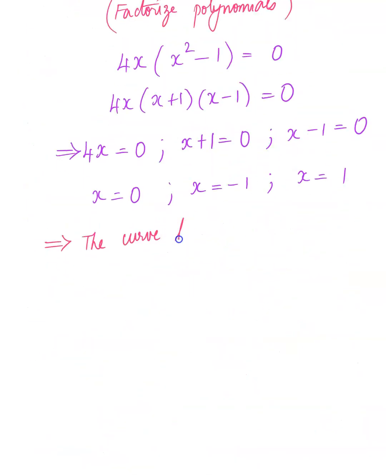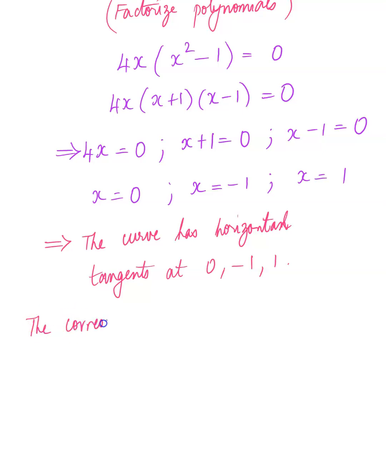So the curve has horizontal tangents at 0, negative 1, and 1. So you want to find the corresponding points because the question says, if so, where? Where meaning we only found the x values. So the corresponding points, sometimes they'll only ask for x values, which is fine, but we want to find their location. So you want to give their coordinates.